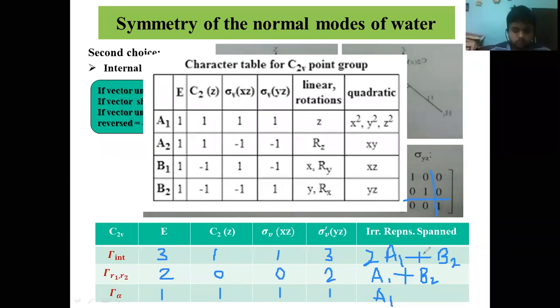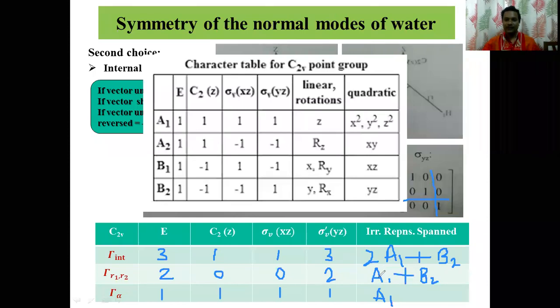But in some other cases, we might get differences, so we should discuss what is going to happen in that case, right? Okay, so now what does this tell us in addition to the Cartesian coordinates? We can look at here that R1 and R2 are involved in the normal modes, one of the A1 and B2. So that means I'll be getting two normal modes.